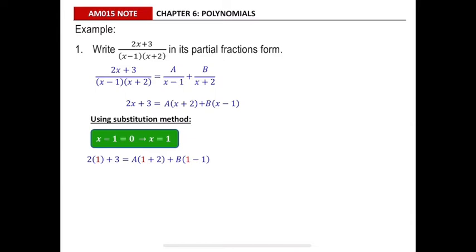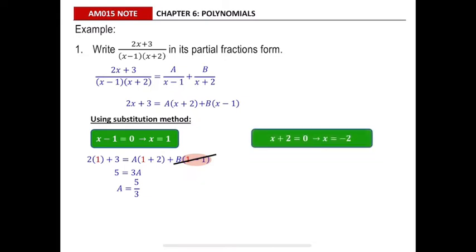We notice that this part disappears because 1 minus 1 is equal to 0. So we get the answer for A. After that, substitute the other value which comes from the factor x plus 2. This part disappears and we get the value for B.